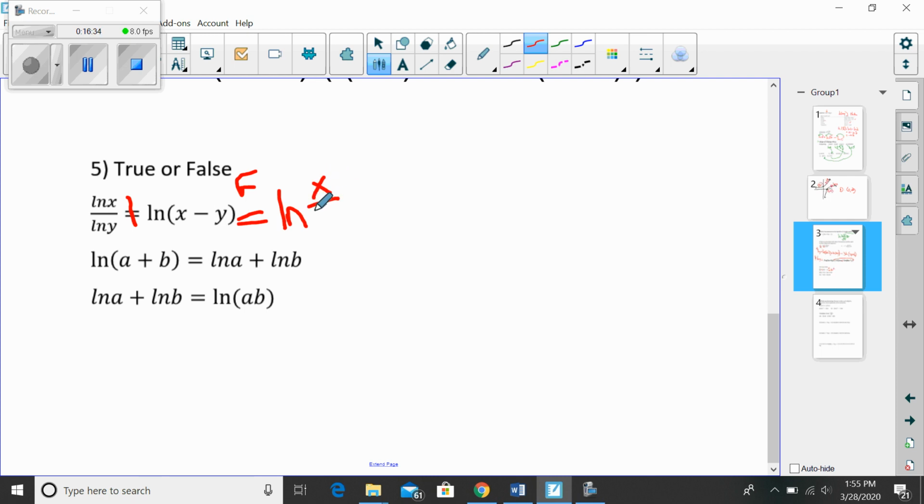Okay, so I hope you can see the difference, right? The difference between natural log x divided by natural log y, and the natural log of x over y. And this is what we just talked about when I went back to slide 1. This is false.